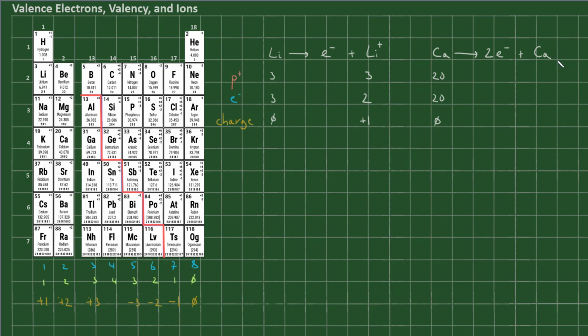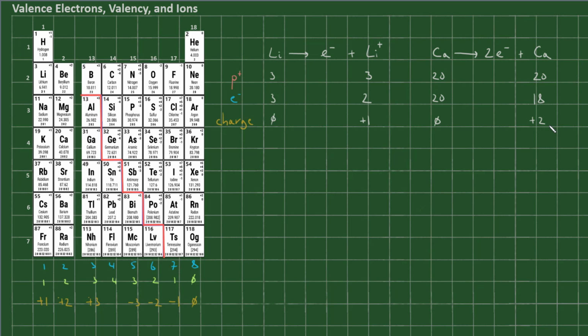What will be the charge? Well, again, I can analyze the situation. It is a calcium, so I still have 20 protons, but I have lost 2 electrons. So I only have 18 electrons. This means that my charge will be plus 2. I have 2 more positive particles than negative particles.